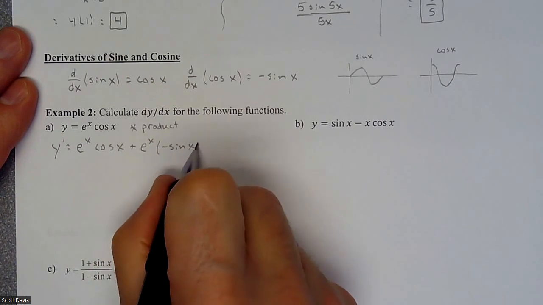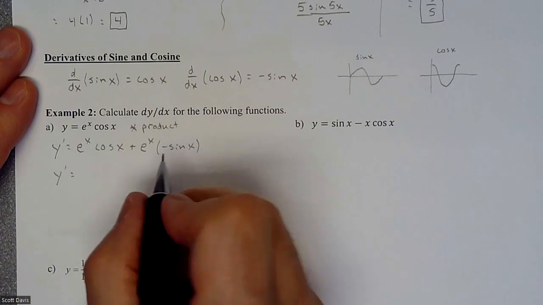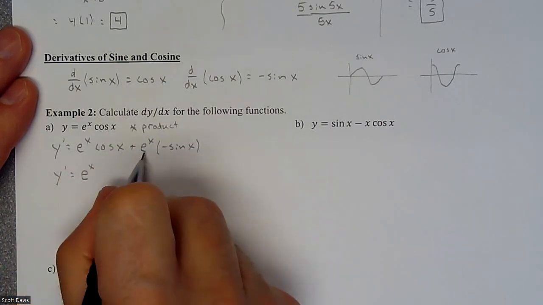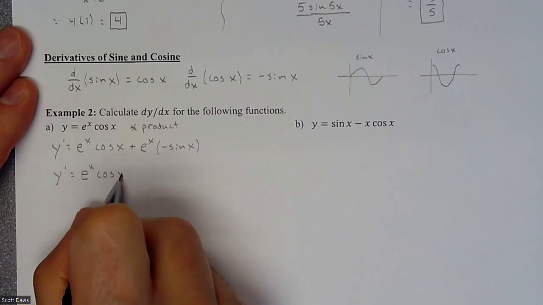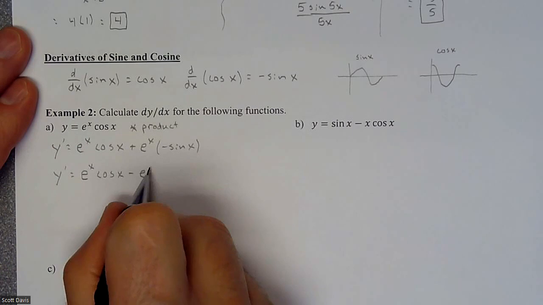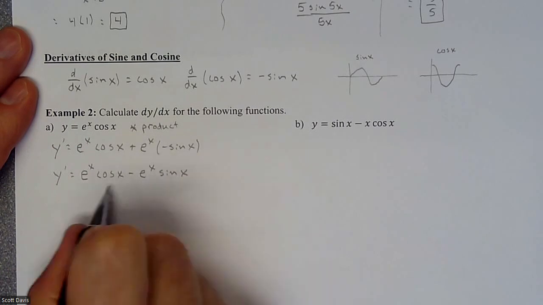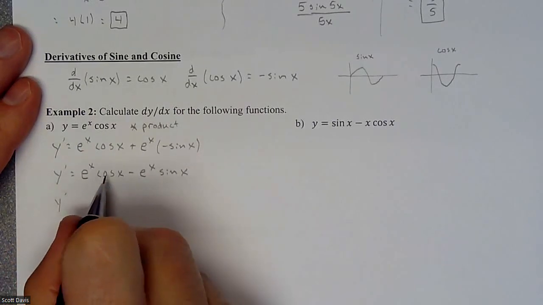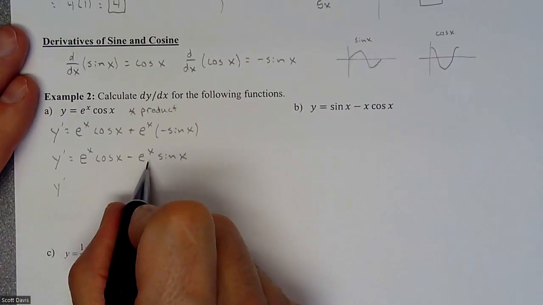All right, so now the calculus is done. We just got to do some cleanup. The cleanup on this is really not much: let's rewrite that, instead of an addition sign, let's put a subtraction sign there. And then the last thing that I'm going to do, which is technically right already, but a lot of times there's going to be a next step, and that next step is almost always setting it equal to 0.